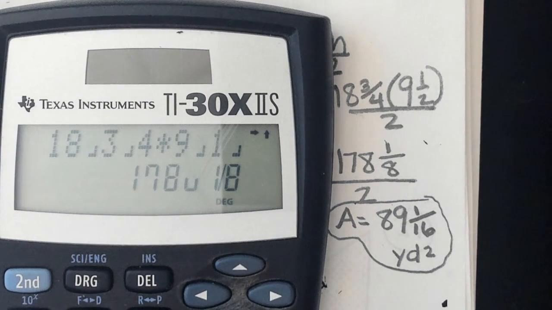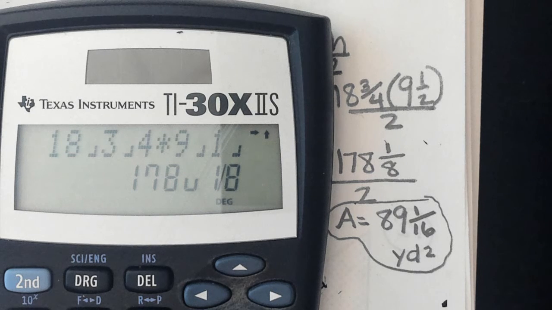Then when you divide by 2, it would give you that final answer. Is 178 and 1/8 your final answer, or is it 89 and 1/16? Just listen. I just said it.